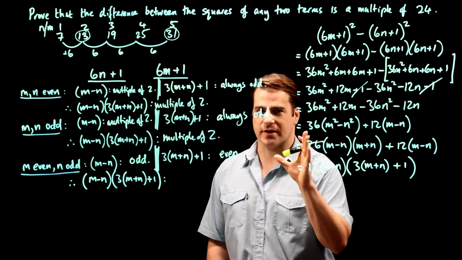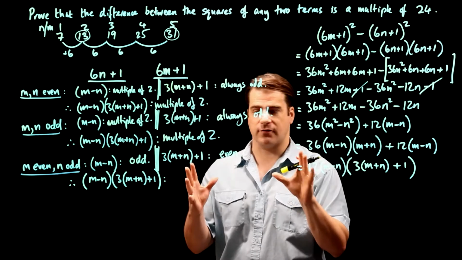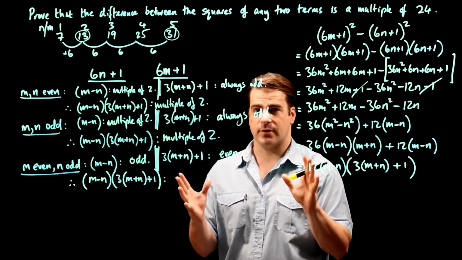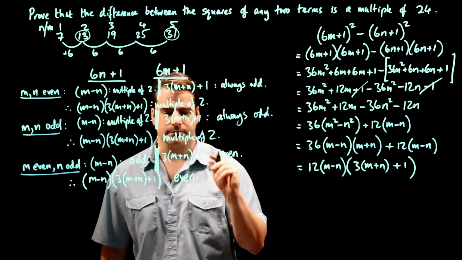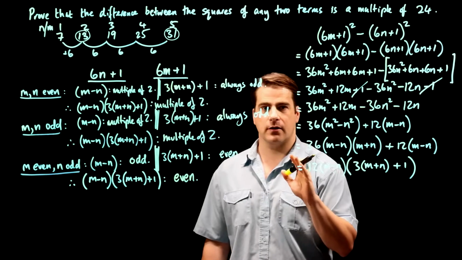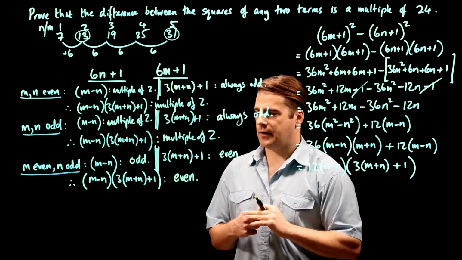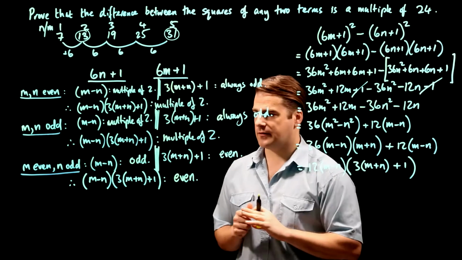Of course it is. For example, even number 4 times an odd number 7: 4 times 7 is 28, even. So that's always even. But is it always a multiple of 2? It will be. But how can we prove that?